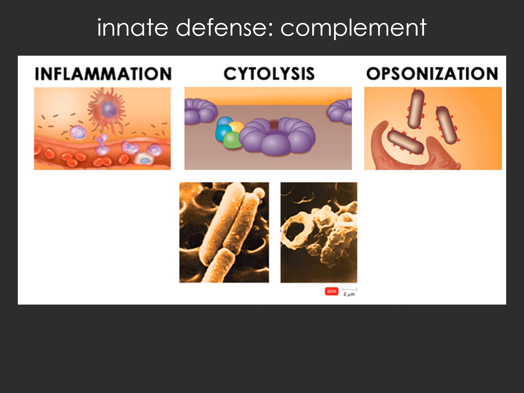Complement activation results in a punching through of the cell wall, which causes the cell to rupture. And again, cytolysis, like inflammation, can be activated through the classical, the alternative, or the lectin pathway. And likewise, opsonization, the third result of complement activation, can also happen as a result of classical, alternative, or lectin activation.